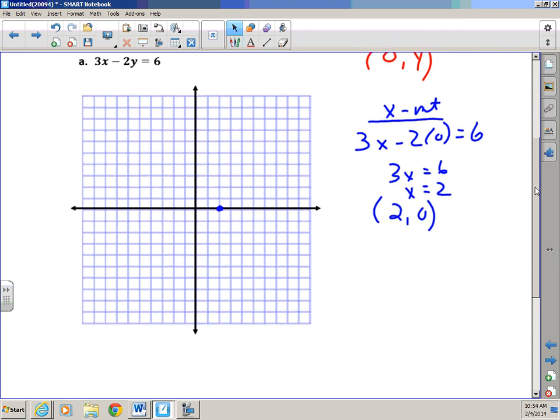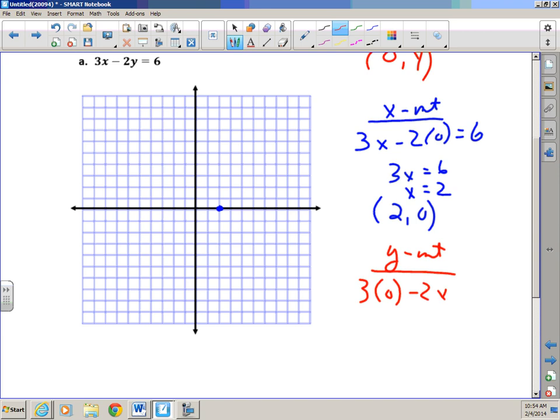And then I'll do the same or similar concept for the y-intercept. I put 0 in for x. And I get negative 3 on the y-axis, and there is my line. Okay?